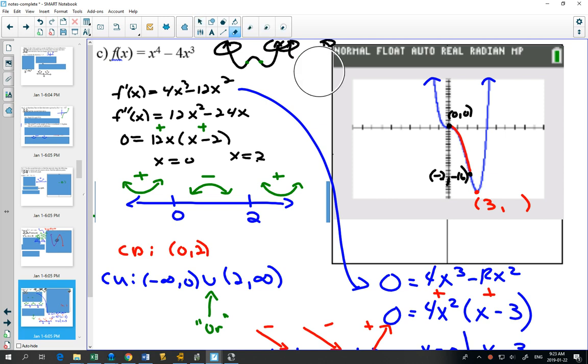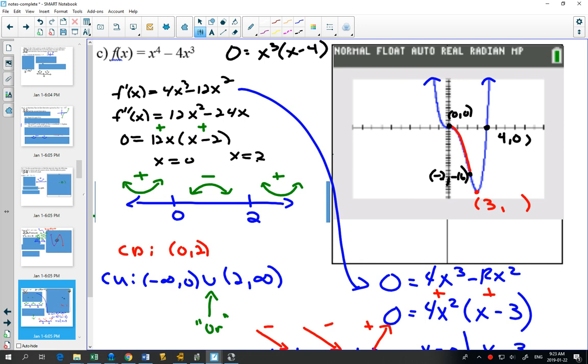Something else from grade 12: you could find the x-intercepts. How do you find x-intercepts? You make y equal to 0. How would you solve where this is 0? Could you factor it? Yes, there's a common factor of x cubed that comes out, which would tell you that you have an x-intercept at (4, 0), and you had an x-intercept at (0, 0).